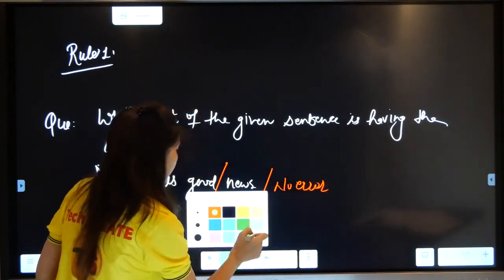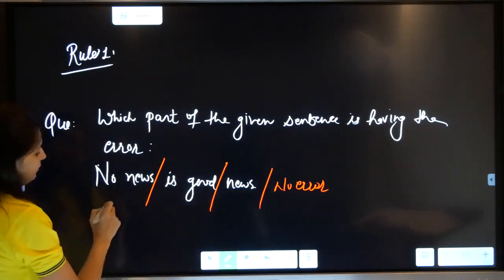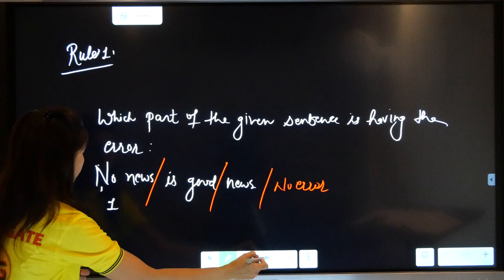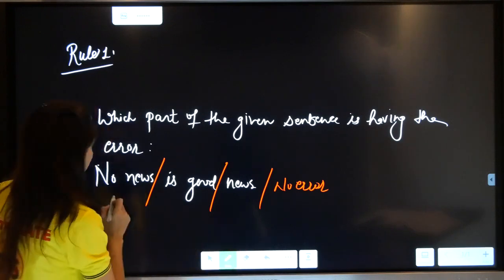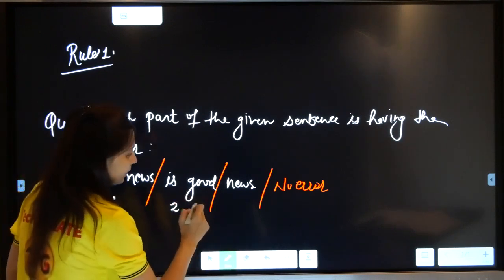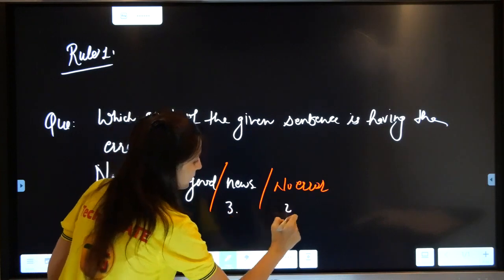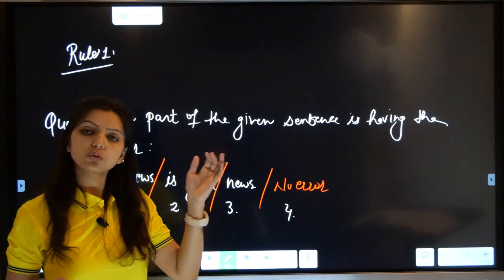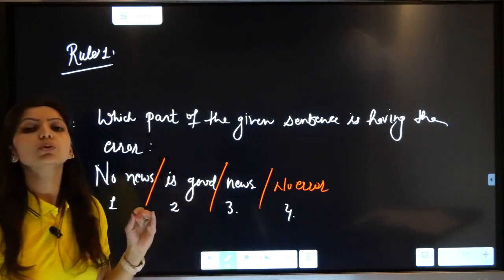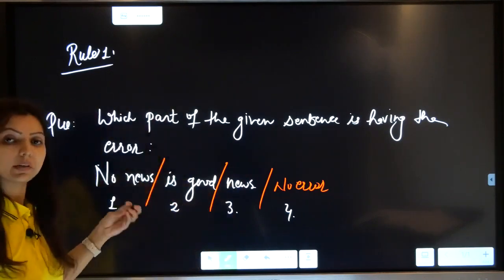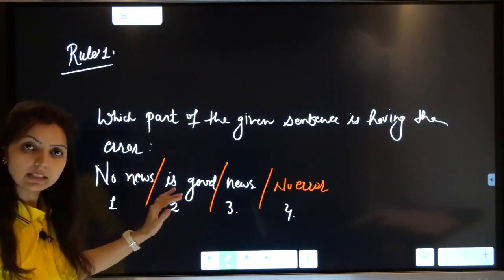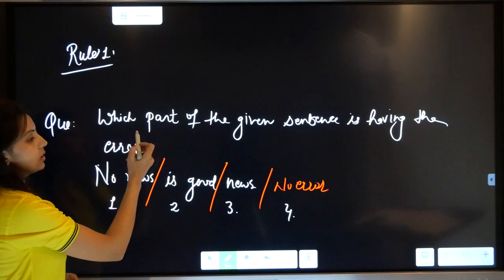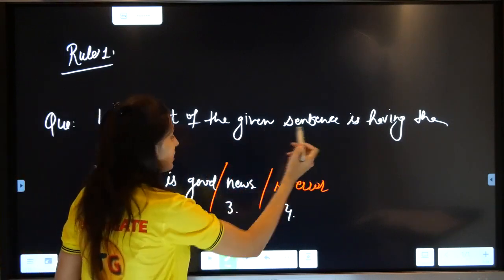So the first part of the sentence will be number 1, then second part, third part, and this is fourth part. So the sentence will be given and it will be divided into 4 parts, out of which you have to identify the mistake or error if there is in this sentence, and you have to select that number. So the question is, which part of the given sentence is having the error?